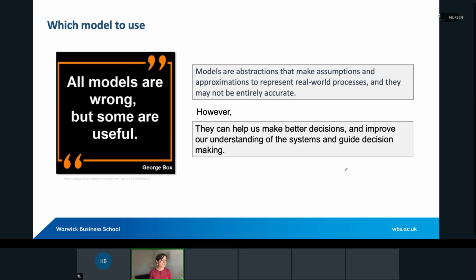So no model is completely accurate. There will always be things we cannot measure or account for perfectly, like human behavior, random events, external shocks from the competitors, or COVID. COVID changed everything. But this doesn't mean they are not useful.